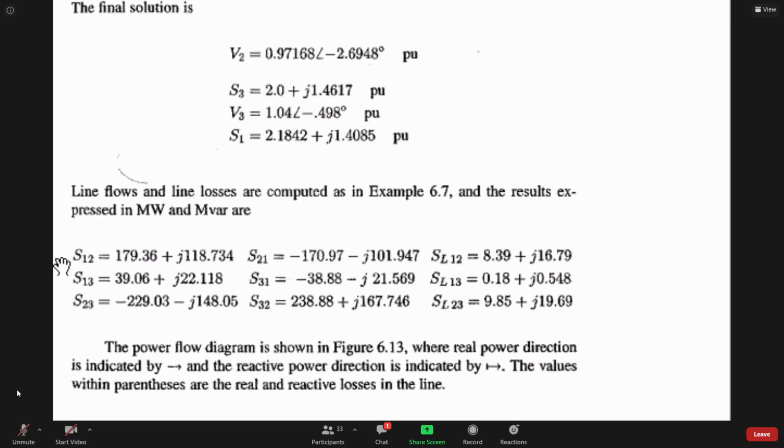Can you write the complete expression for S12 in terms of voltage and current?